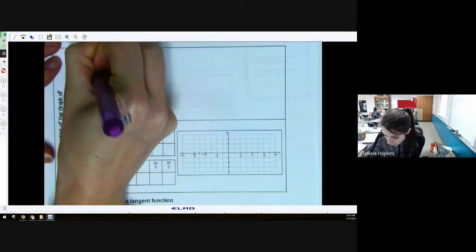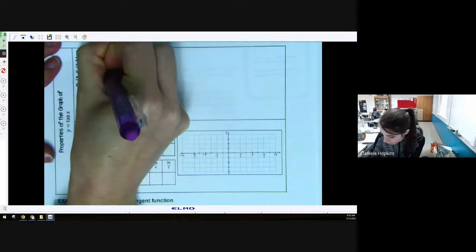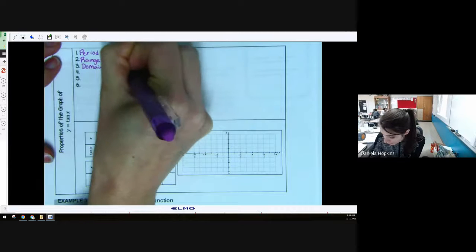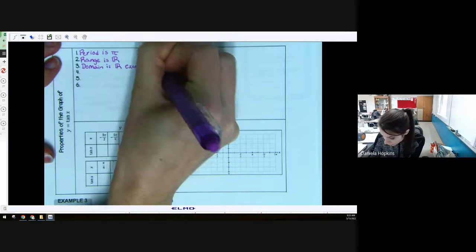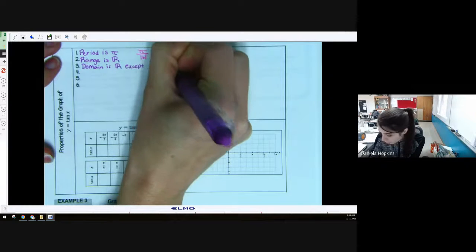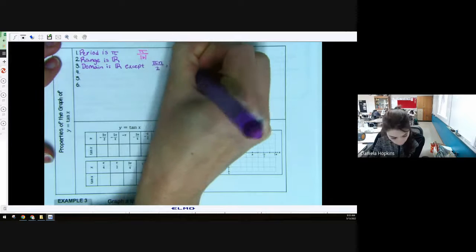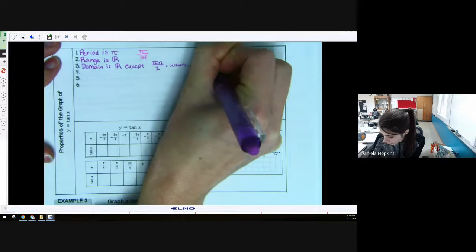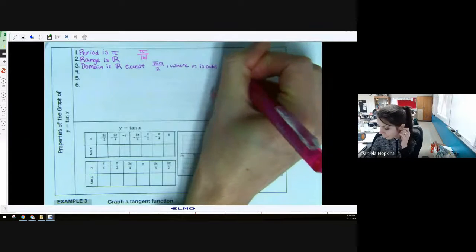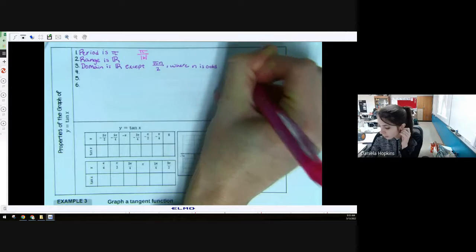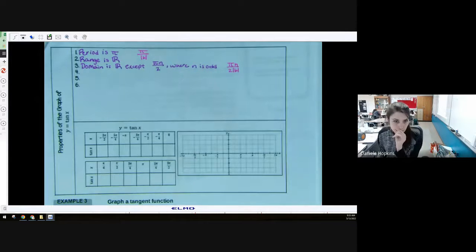So the domain is all real numbers except pi times n over 2, where n is odd. In general, it would be pi n over 2 times the absolute value of b, where n is odd. But again, I don't think I asked you for the domain, and you can see it's just where those asymptotes are.